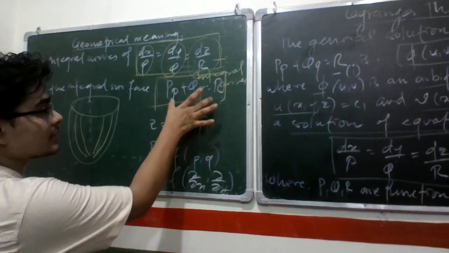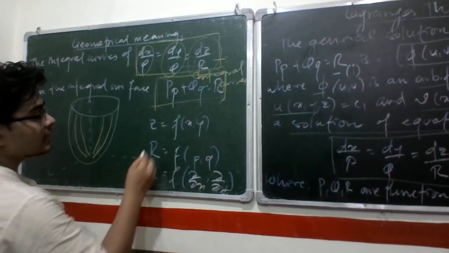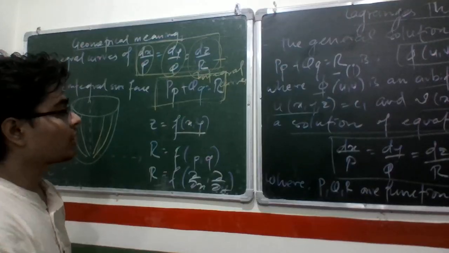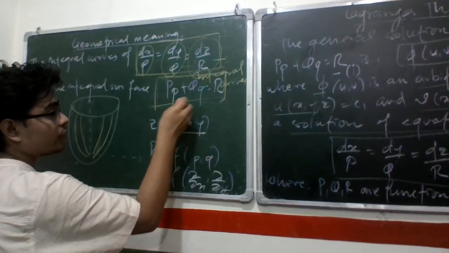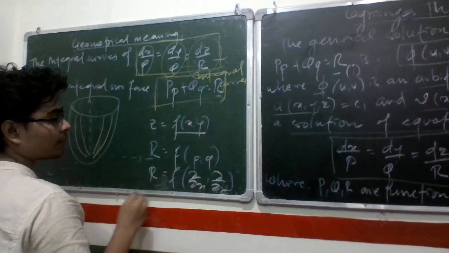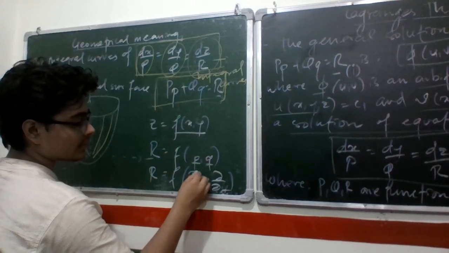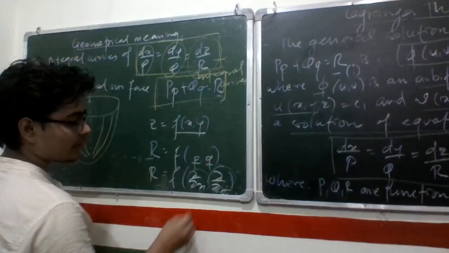Now we can think of this relation as z equals f of x, y, which denotes a surface. Because if we consider z to be R and a function of p and q, then we know p and q are the partial derivatives with respect to x and y.